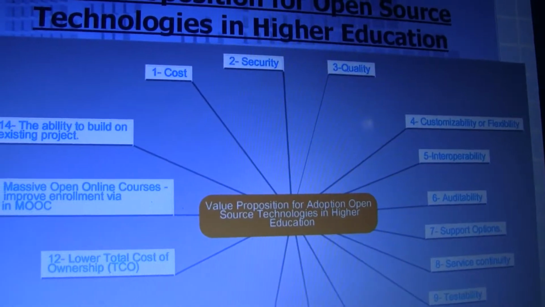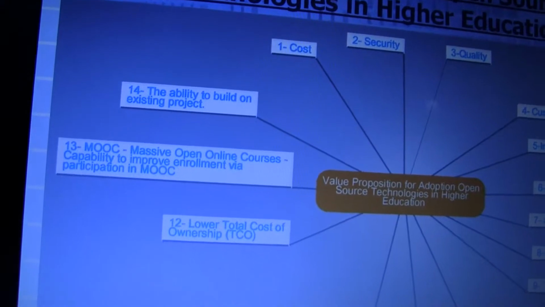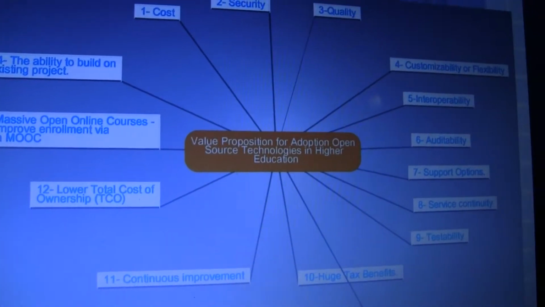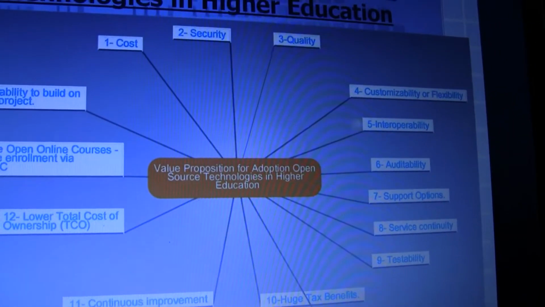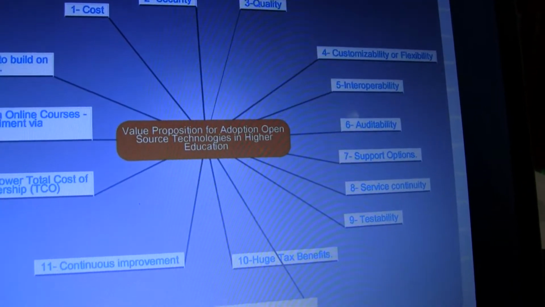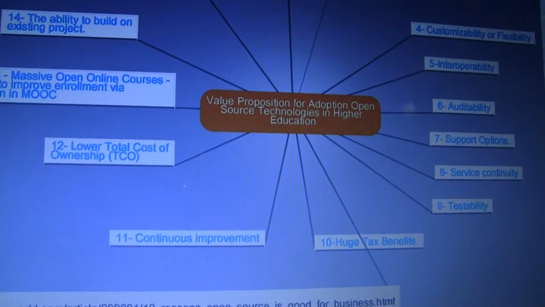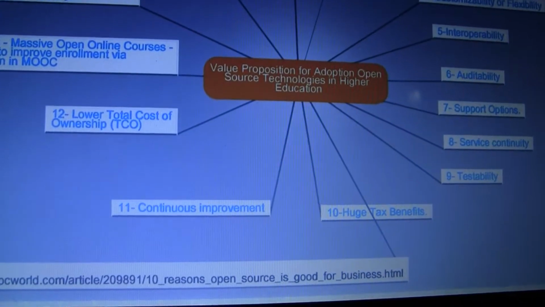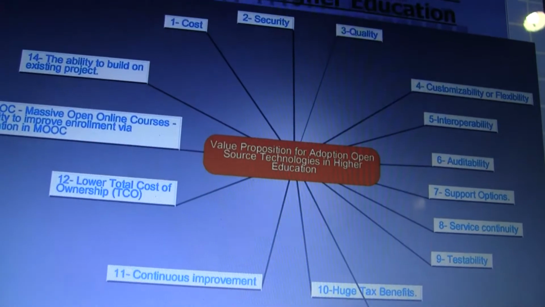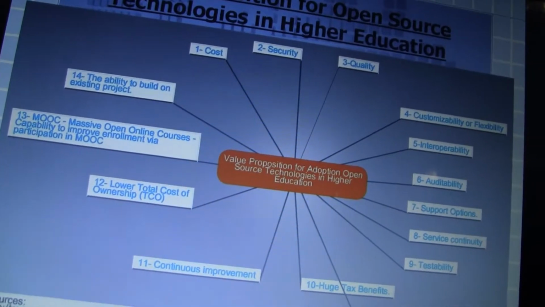Cost is cheaper or nothing, you pay for it. Security, quality, customizability, interoperability, auditability, support options, service continuity, testability, huge tax benefits, continuous improvement, lower total cost of ownership, massive open online courses, capability to improve enrollment via participation, and the ability to build on existing projects.